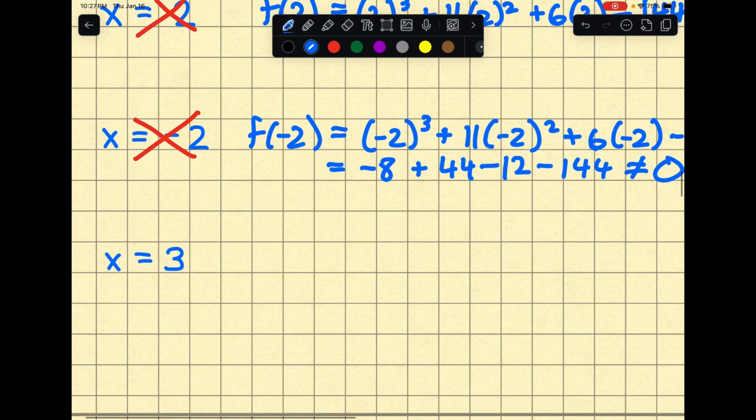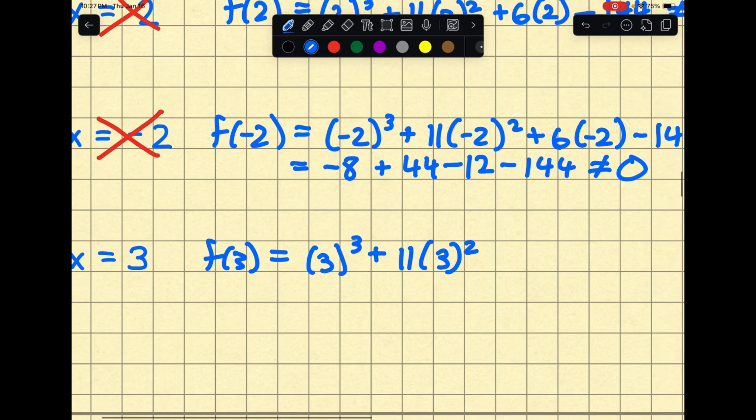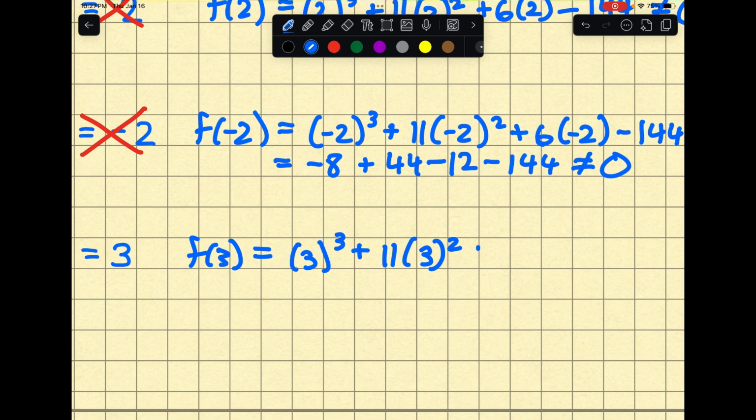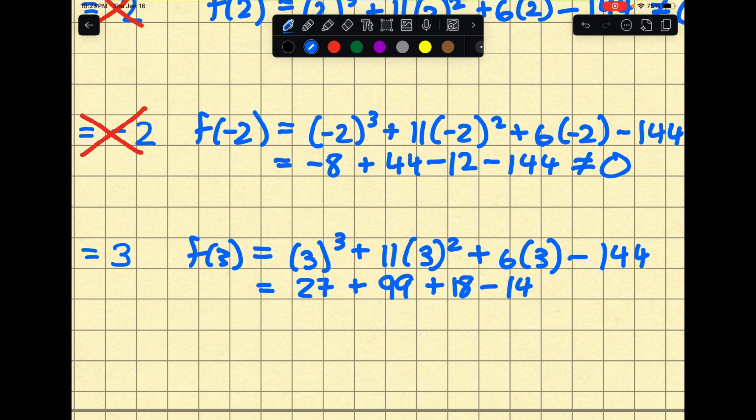Let's test x equals 3. So we'll say f of 3 is equal to 3 cubed plus 11 times 3 squared plus 6 times 3 minus 144. 3 cubed is 27, plus 11 times the 3 squared, which is 9, is 99, plus 18 minus 144.